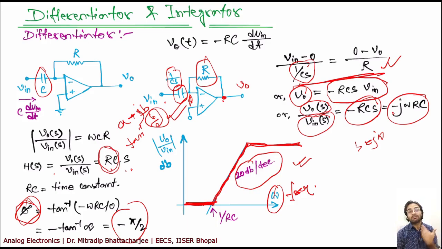High frequency can pass, so it's a high pass filter. Similarly, what do you expect for the integrator? This is the differentiator which acts as a high pass filter. So in the integrator, because it's just opposite, you will find a low pass filter. And then if you use the differentiator and integrator together and arrange these values, you will also get a band pass filter or a band reject filter.